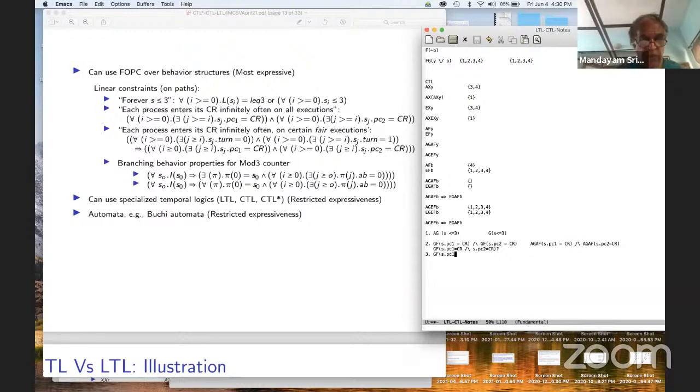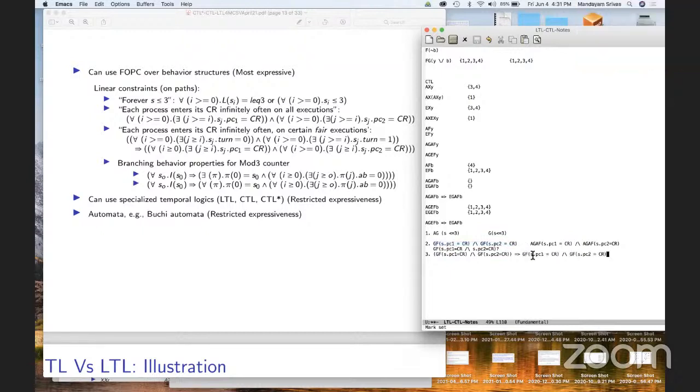Okay, so S dot PC1 is equal to CR, and this whole thing implies this. Shouldn't it be turn equal to 0 and turn equal to 1?